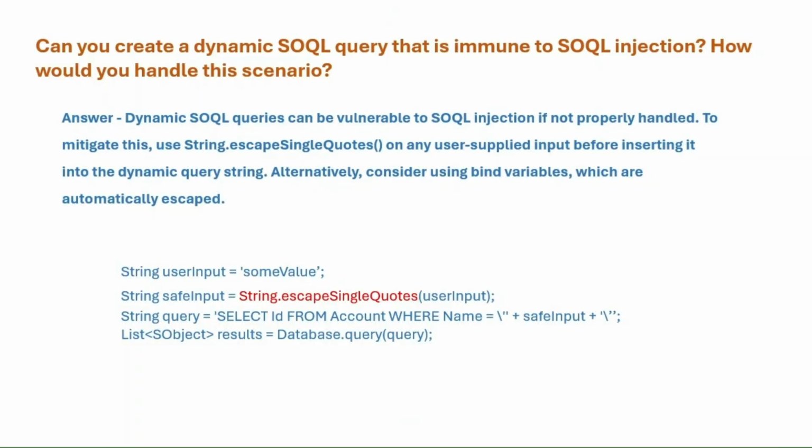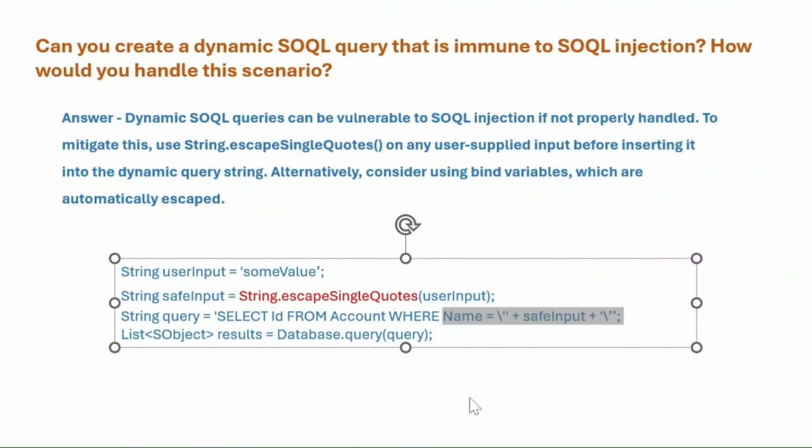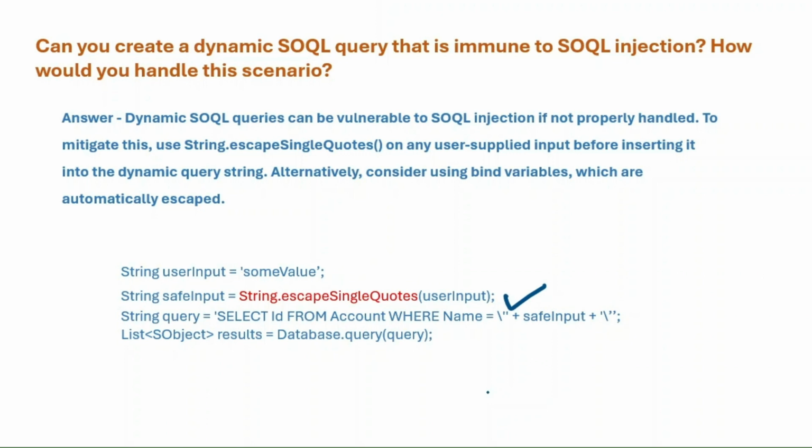So always make sure that when you are adding something in your query, first use the String.escapeSingleQuotes function to sanitize that input and then add it in the query. So this is the best practice to avoid SOQL injections. Alternatively, consider using bind variables which are automatically escaped. Okay, so you can tell these 2 points.